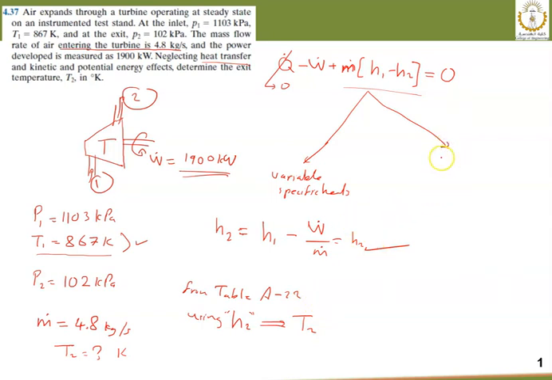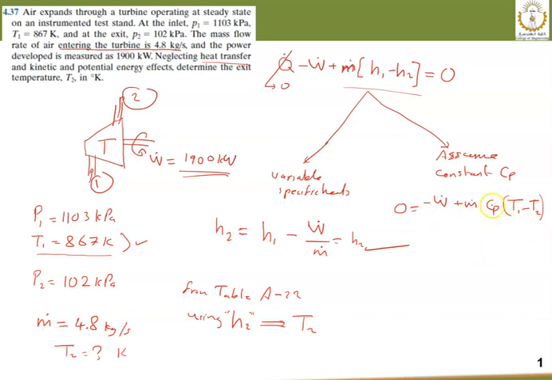The other method is to assume constant specific heat Cp, and by that what we'll have here is minus W dot plus m dot Cp (T1 minus T2), and this will equal 0.